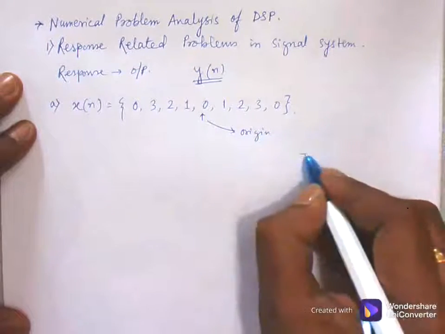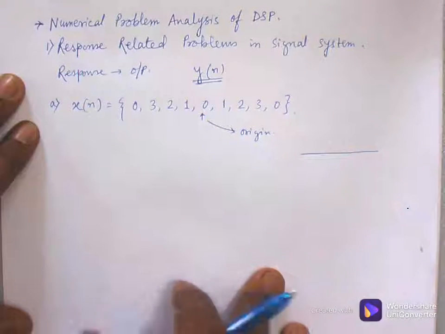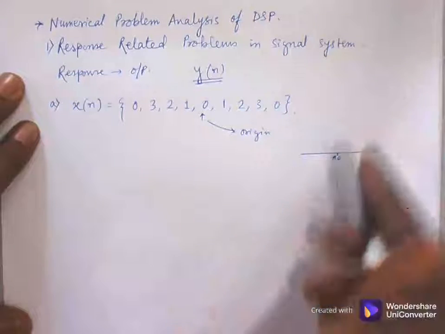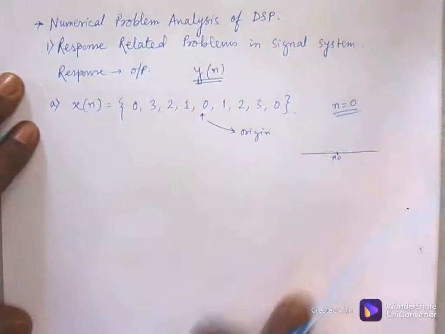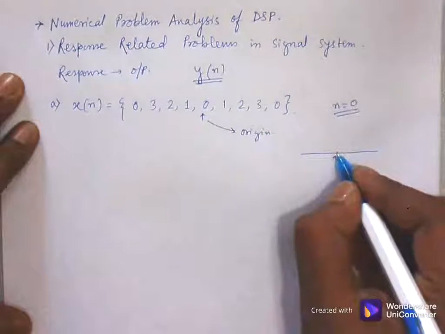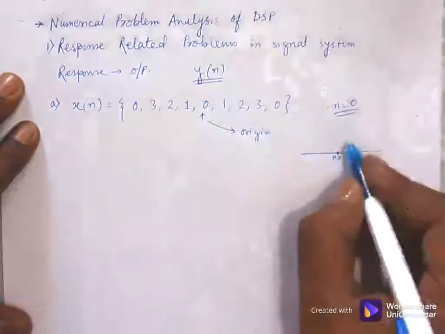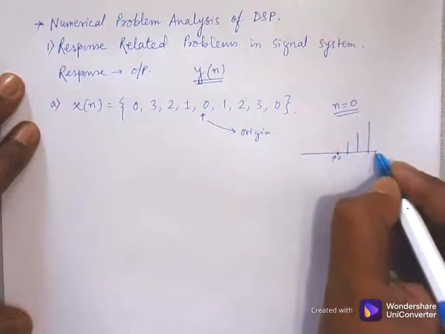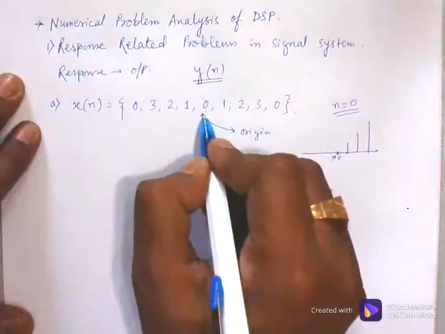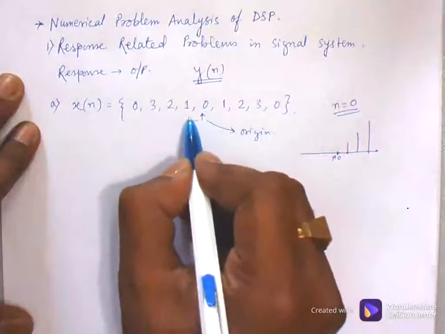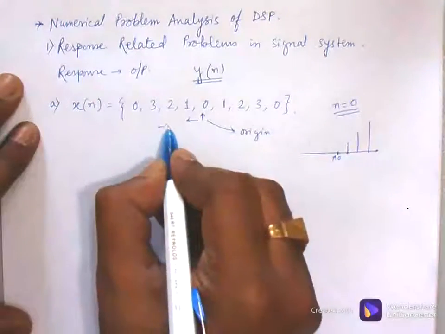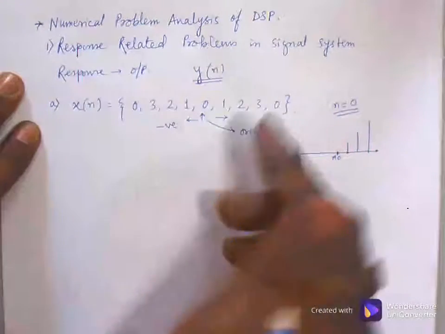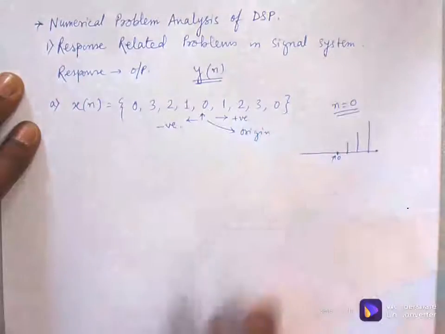If I represent the signal on a number scale, then that arrow indicates the 0th position, that is n equal to 0, and its value is 0, and then 1, 2, 3, again 0. The left hand side of that arrow represents the negative side of the number scale, and the right hand side of the arrow represents the positive side.